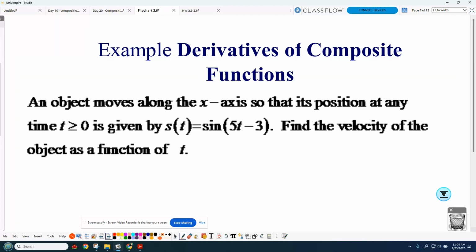Not too bad yet. Okay, here's one: the position of a particle is sine of 5t minus 3. Find the velocity of the object. Give that a try.